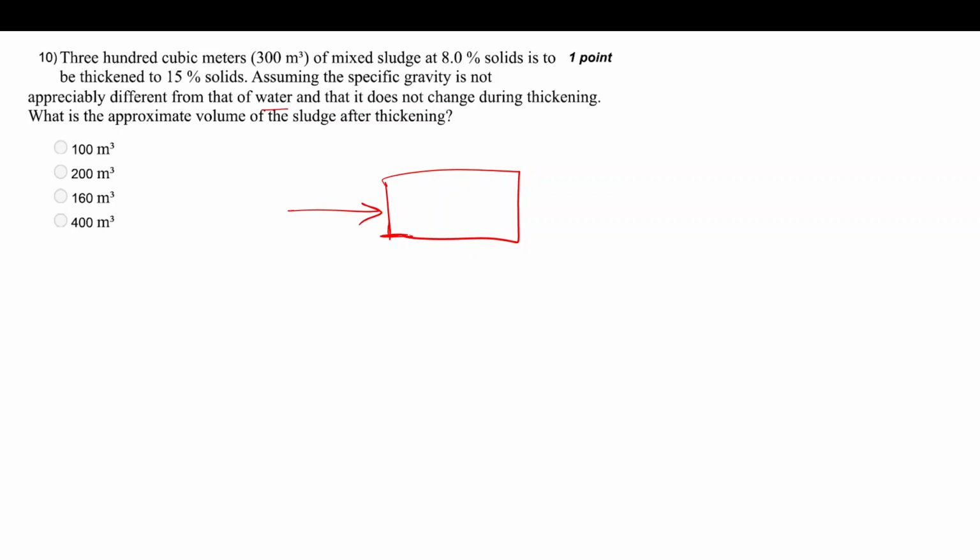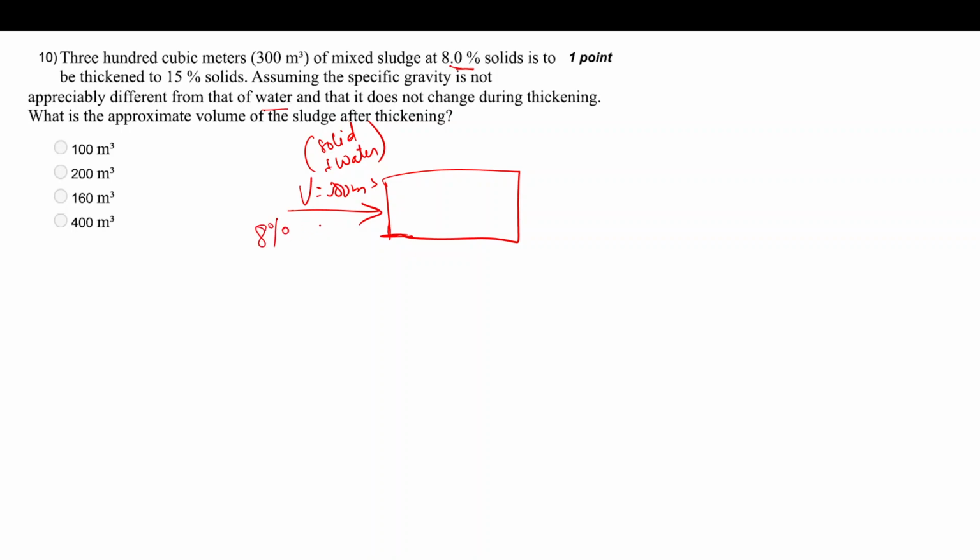And here there is some volume, 300 meter cube, which is entering, which has both solid plus water. Now the solid concentration is given to you as 8%. Since the basis is not given, you can consider this to be 8% solids based on volume percent.